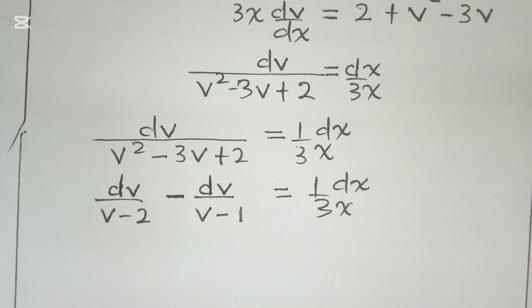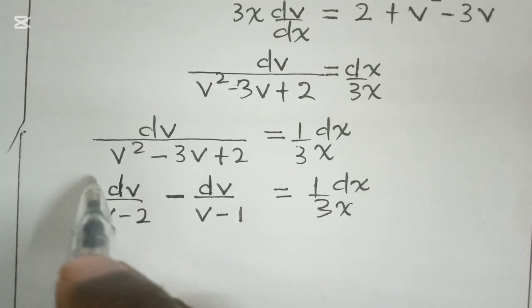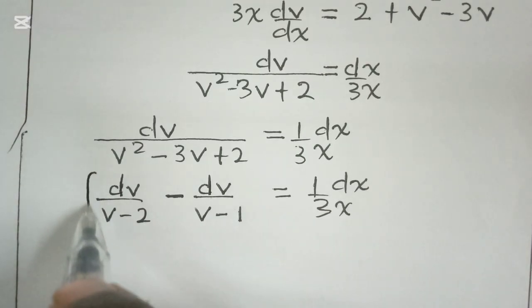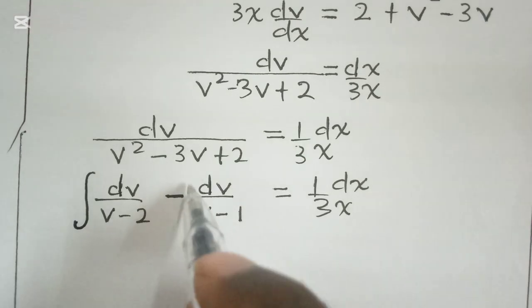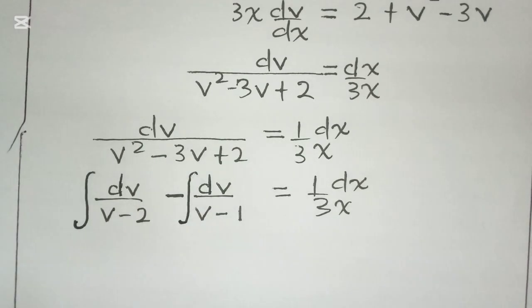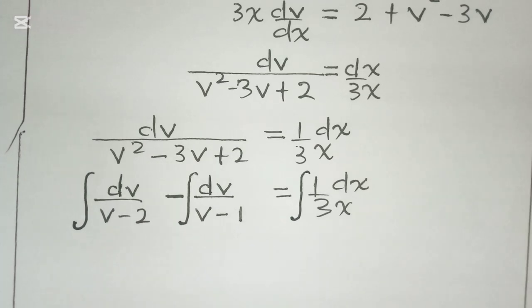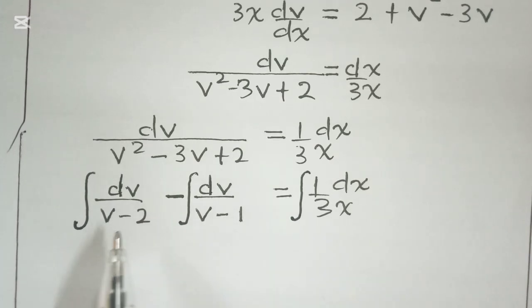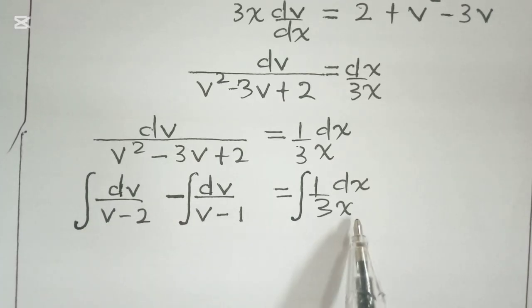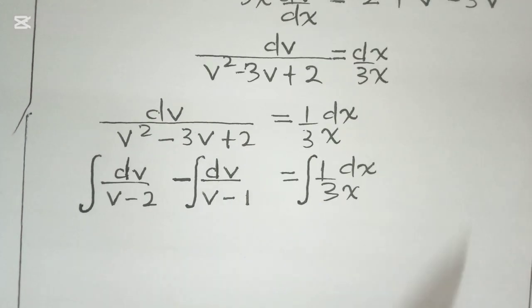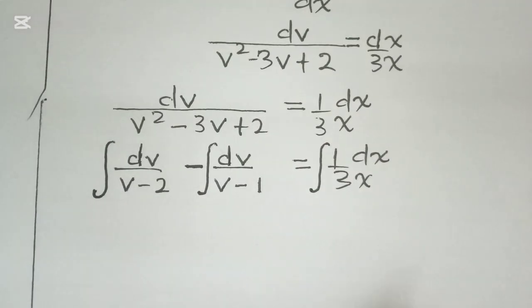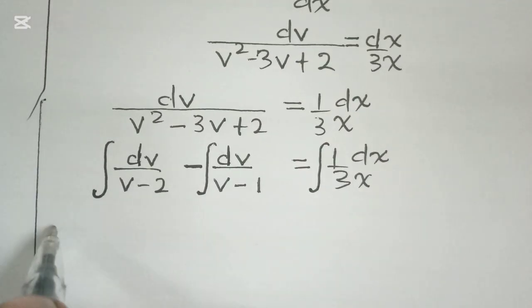And so we can now integrate both sides. We integrate this with respect to v, this with respect to v, and this with respect to x. So these are going to be our results from integration.